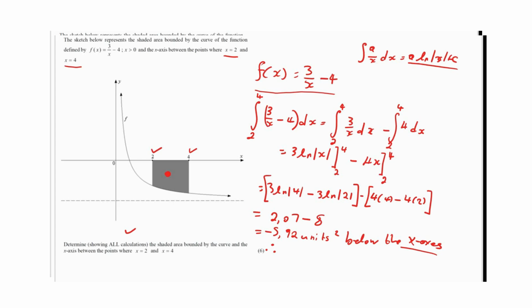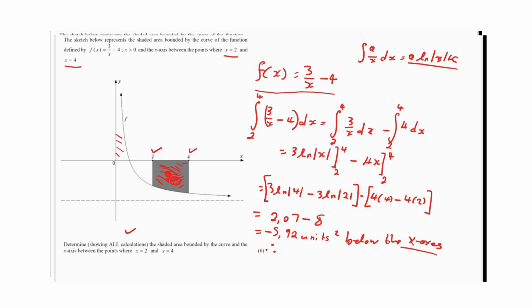When you look at it on the graph, the area is located below the x-axis. If it is below the x-axis, the area is expected to be negative. If the area was above the x-axis, you should rather expect it to be positive, but in this case it's going to be negative because it is located below the x-axis.